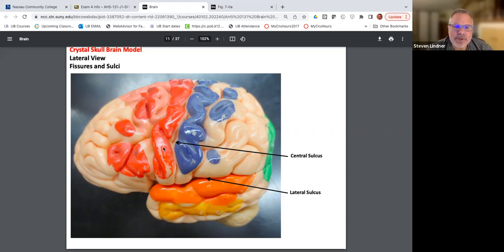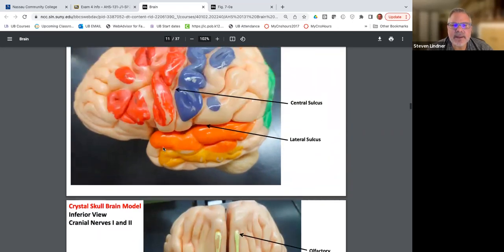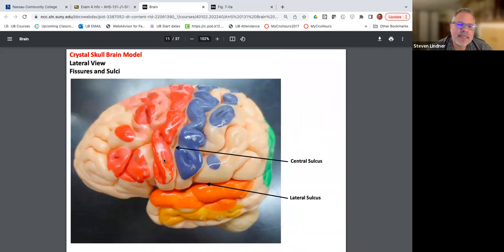This red portion is called the precentral gyrus. And if there's a precentral gyrus, there's going to be a postcentral gyrus. So we have a precentral gyrus and we have a postcentral gyrus.